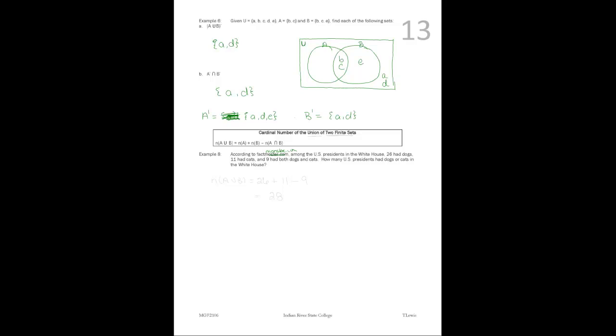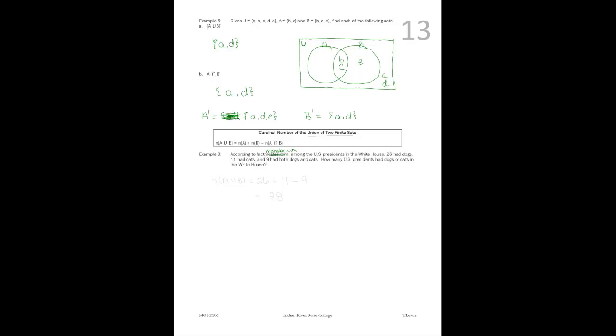Well, to determine the number of dogs or cats in the White House, we're going to be using the cardinal number of the union of two finite sets. This is the formula that we're going to be using. Okay? A union B is equal to. So what will represent our A here?